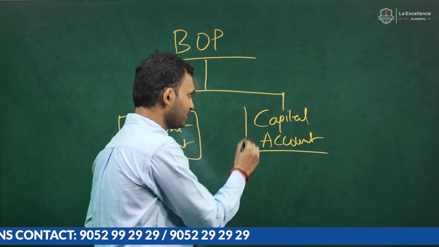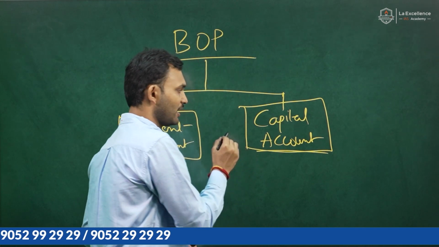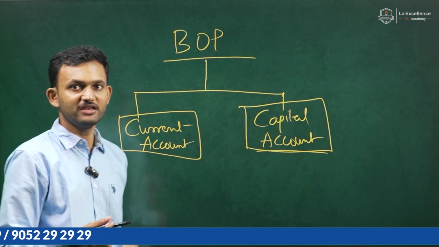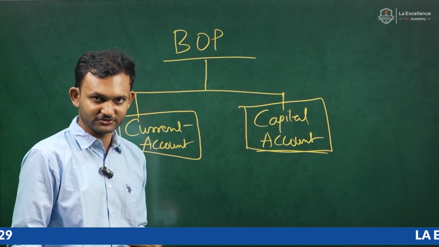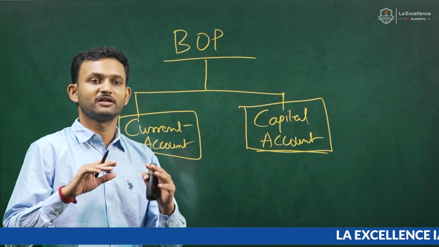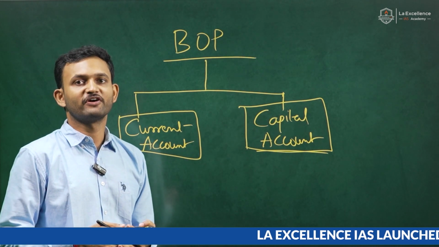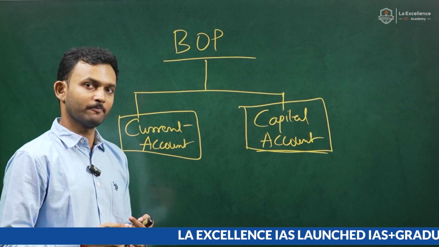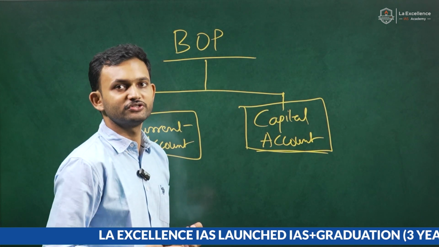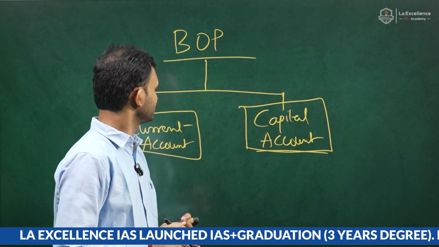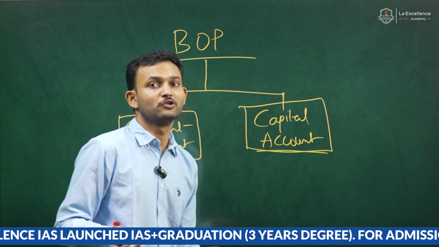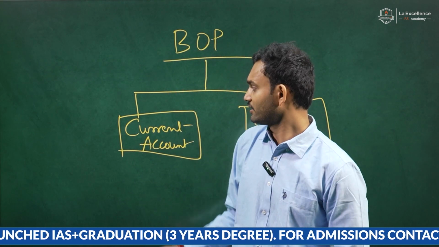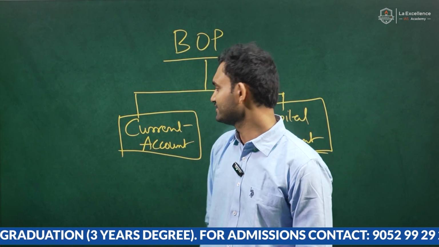Instead, the capital account has everything, any receipt of funds or any outflow of funds that would form getting back to the original destination. So with this criteria, let's look at the examples and cross verify if it is fitting the condition.